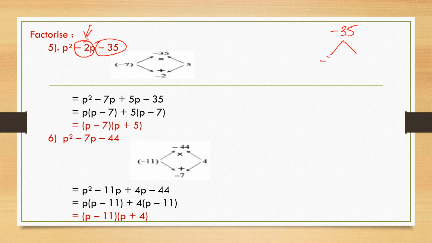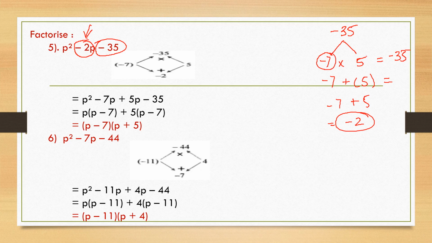So if I take the numbers minus 7 and 5, multiplying minus 7 into 5 gives minus 35, and adding them, minus 7 plus 5, gives minus 2, which is the middle term. So the two numbers that we have to take are minus 7 and 5.